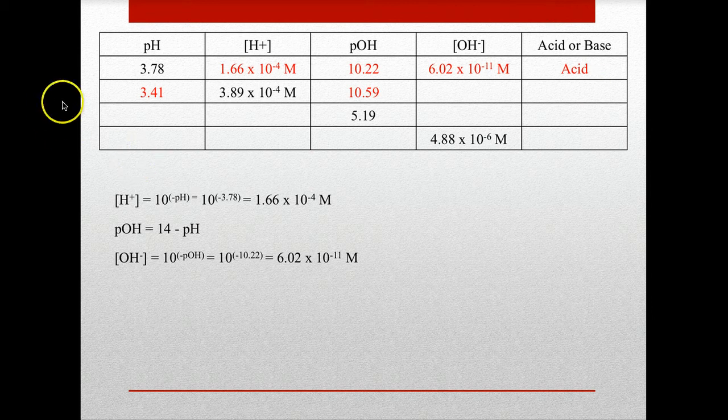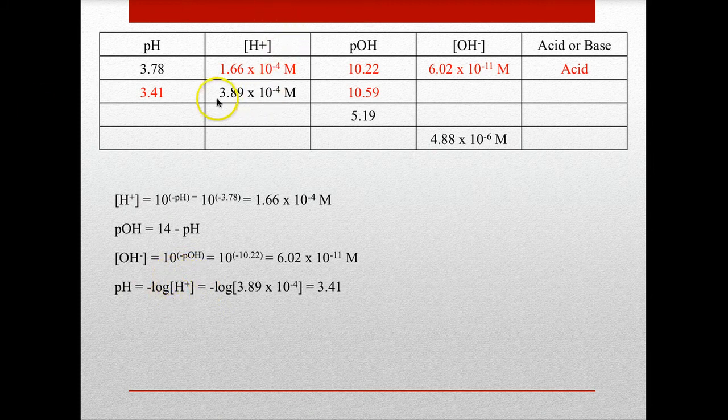Okay, let's look down at the second row. Well, on the second row, we're not given the pH, we're given the hydrogen ion concentration. Okay, so we're trying to solve for the pH. So let's look at an equation solving for pH. That's going to be our original equation that you're given on your formula chart. pH is equal to the negative log of the hydrogen ion concentration.